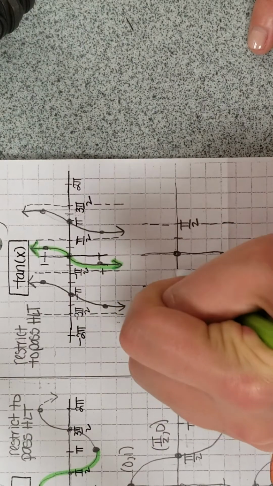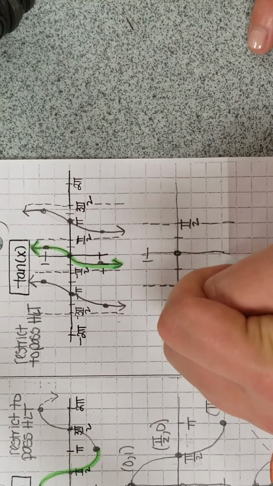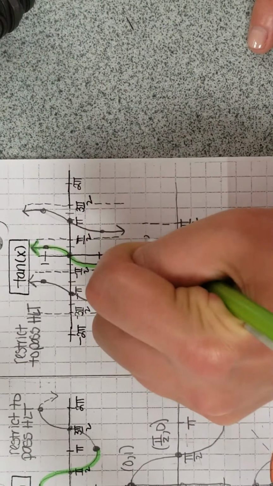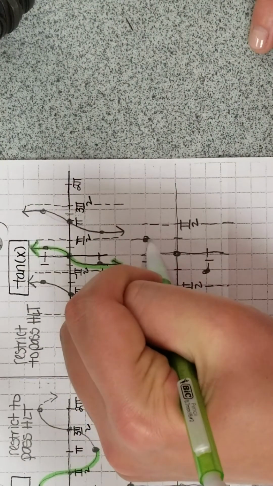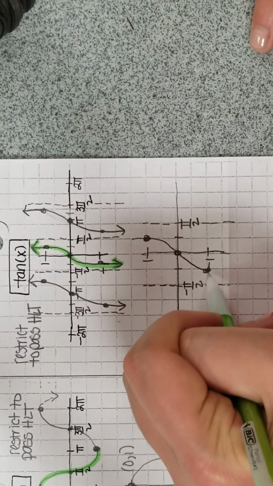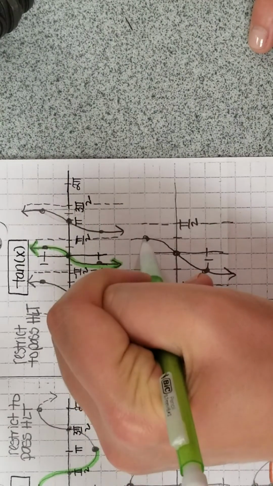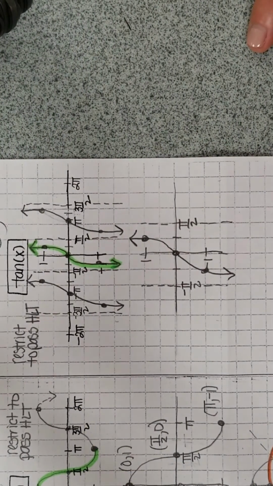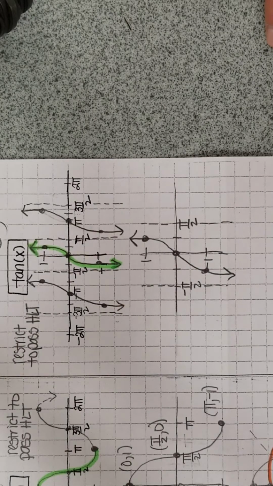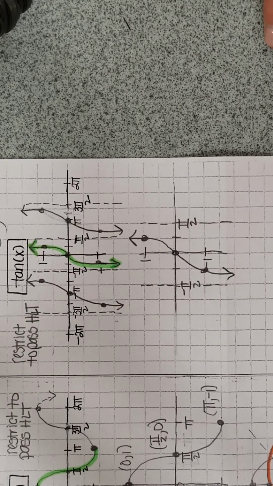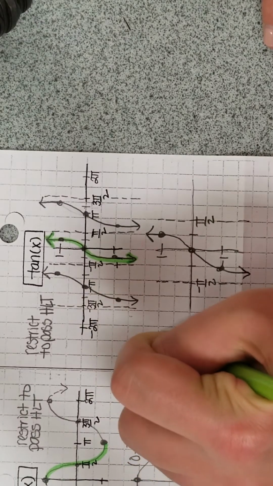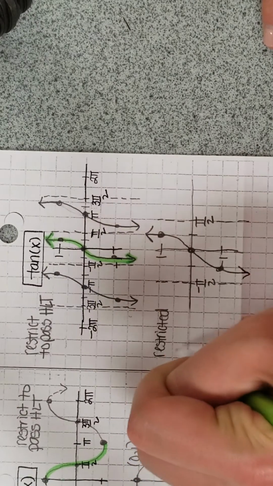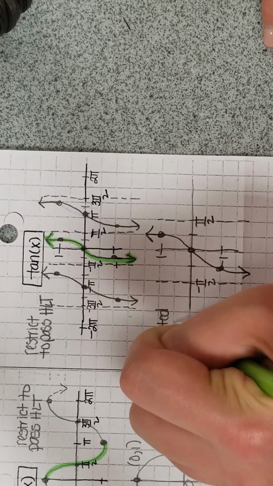Zero. There we go. Let's label it restricted tangent of x.